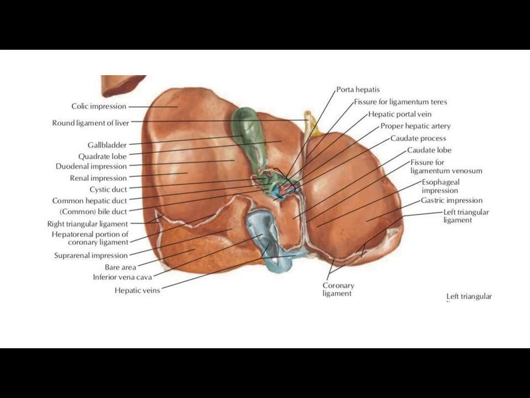It is a vein that carries blood from somewhere to the IVC. From the placenta in the fetus? From the left branch of the portal vein. That's right, from the left branch to the IVC.